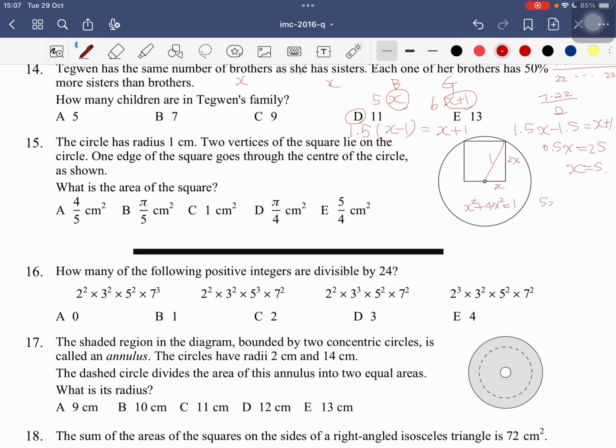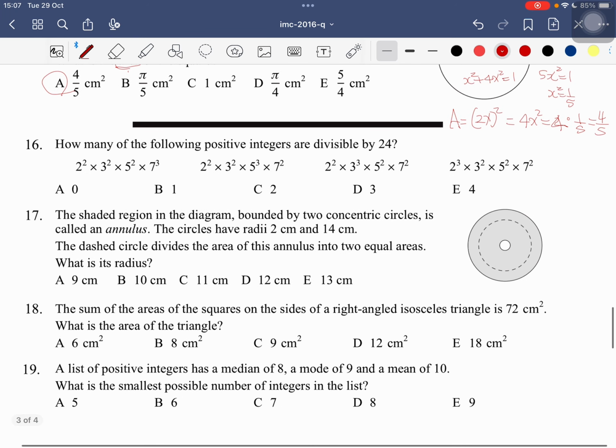So 5x squared becomes 1, x squared is 1 over 5. We are looking for the area of the square. So 2x squared is the area, which is 4x squared, and 4 times 1 over 5. So 4 over 5.